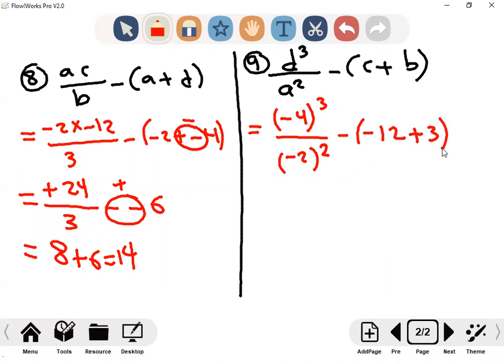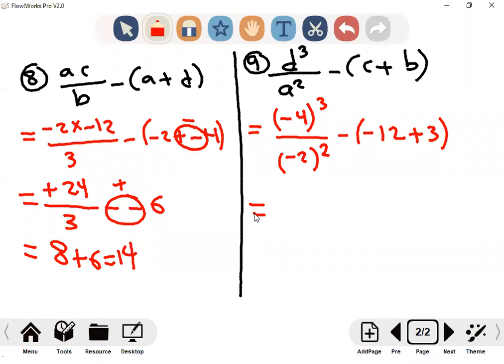First we prepare the fraction and the parentheses here, right? So this is equal negative 4 to the power of 3.